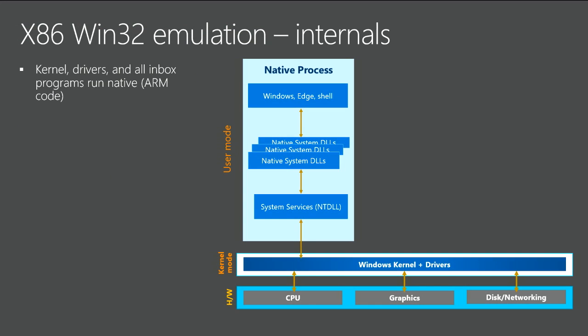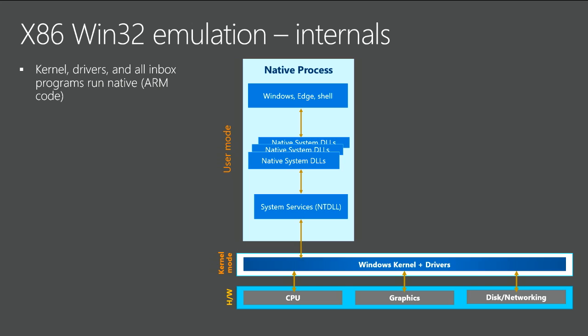So I'm going to click through a few diagrams. Here you see a diagram of what a typical process on the OS looks like. This is a native process, meaning it's running native ARM64 code. Windows, the Edge browser, or the shell are all examples of native processes. And then you have native system DLLs, so the OS libraries.